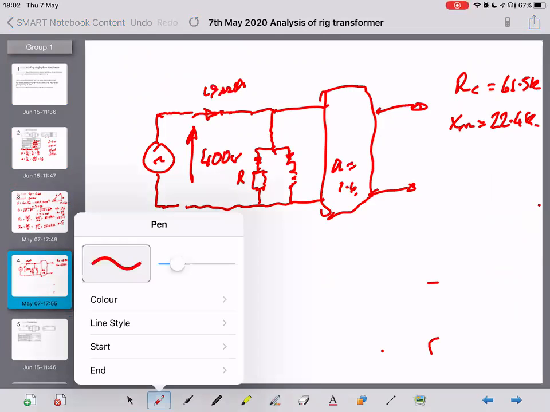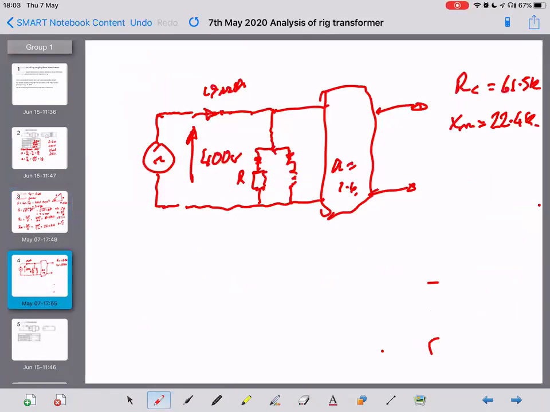So what we do is find the separate currents through each of those. We'll call it IRC because that's RC. How can we find that? Ohm's law.